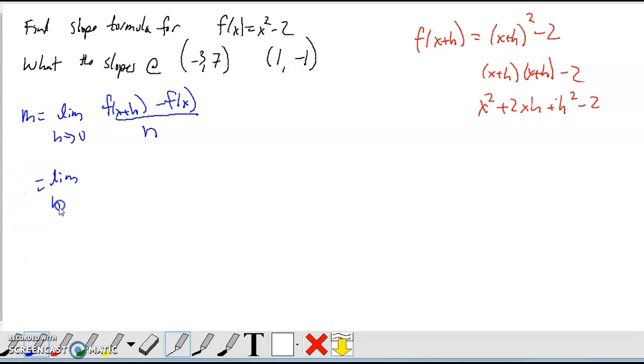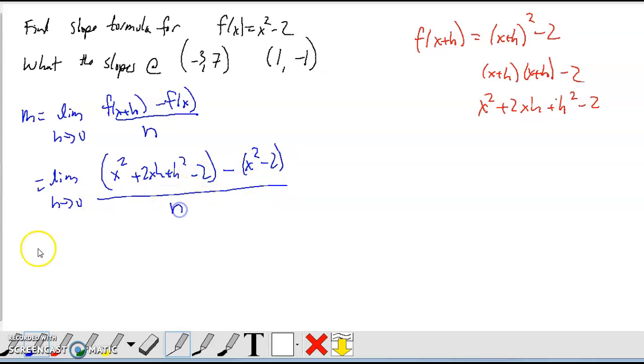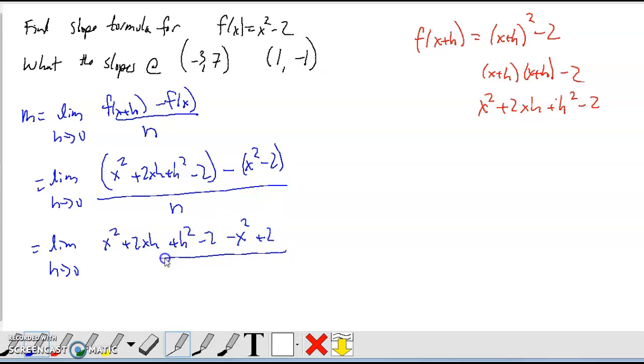Okay, so we're right back here. So limit as h approaches 0 of x squared plus 2xh plus h squared minus 2, and then minus everything, x squared minus 2. So again, make sure you put those in parentheses. So simplifying, again, that goes away. This goes away.